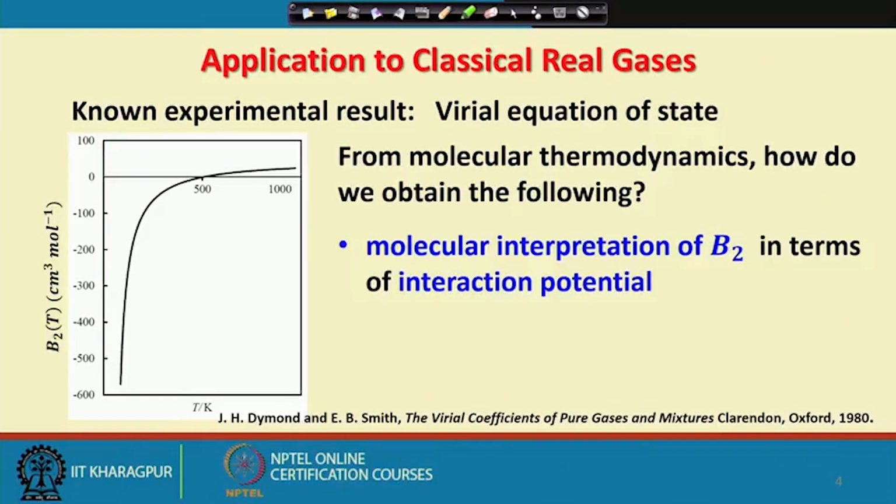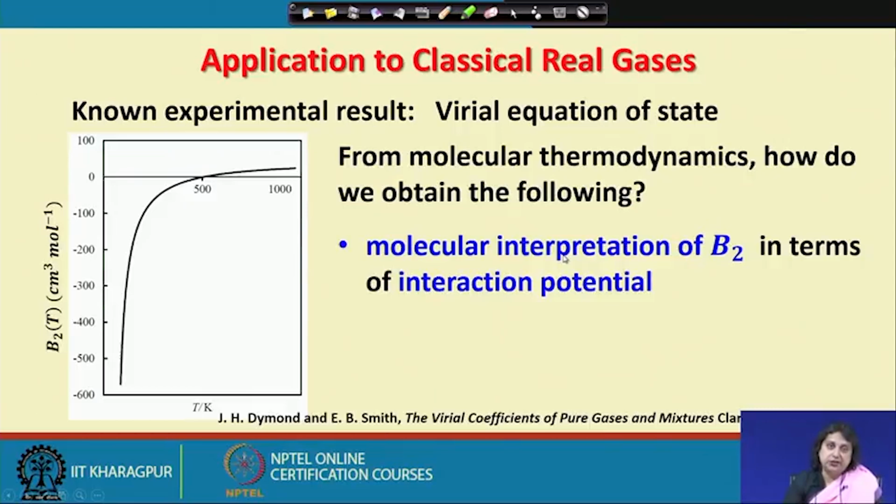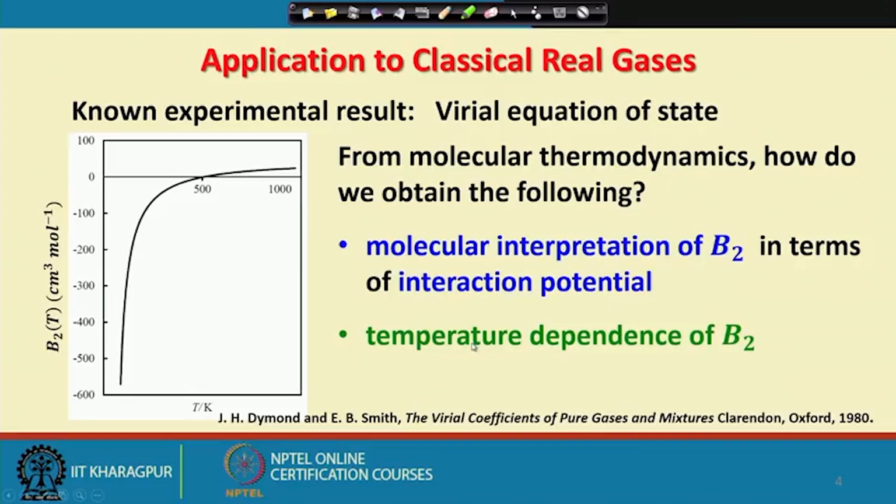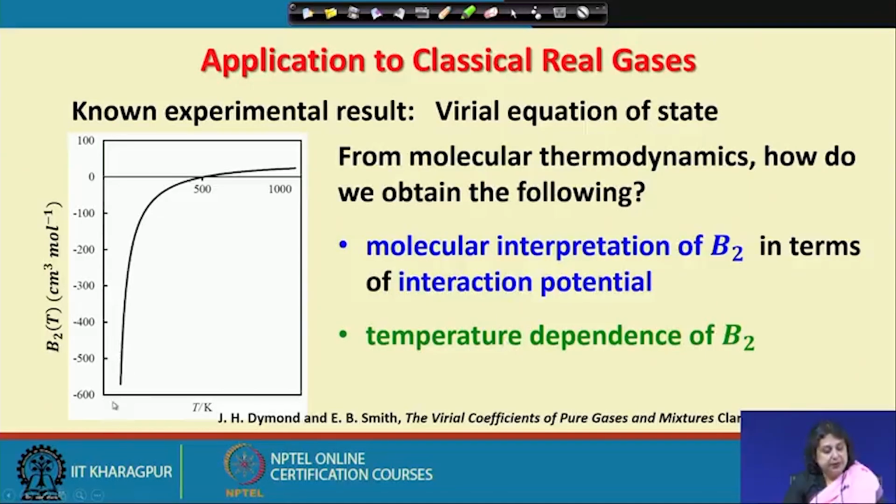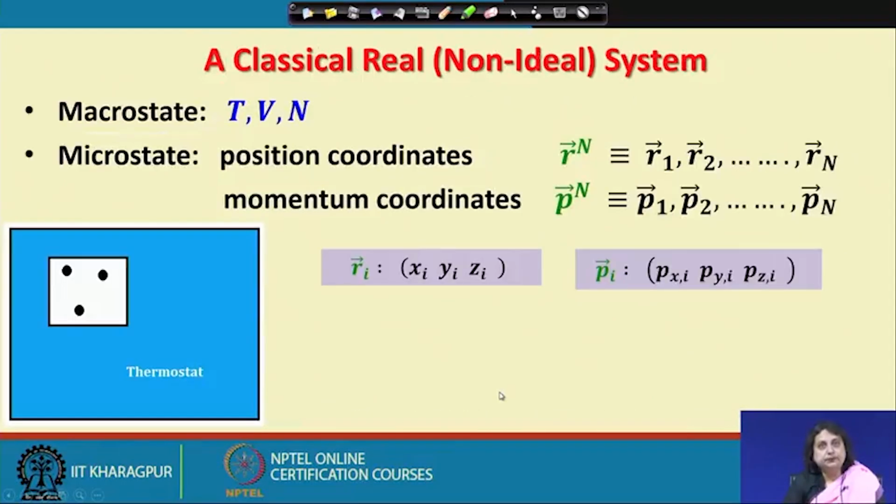Especially, we will be interested in knowing how B2 depends on the underlying interaction potential, that is the potential energy term in the Hamiltonian of the system. And secondly, we would also like to understand why B2 depends this way on temperature. So, let us try to understand these two questions one by one.